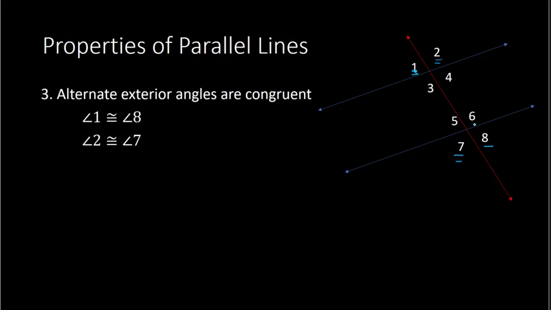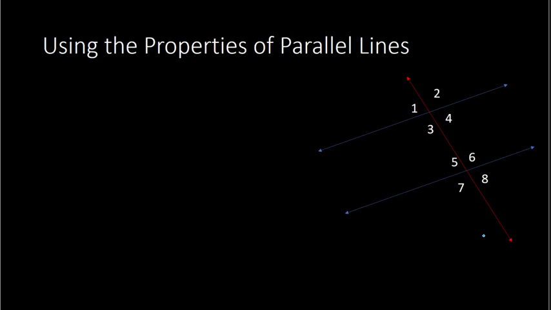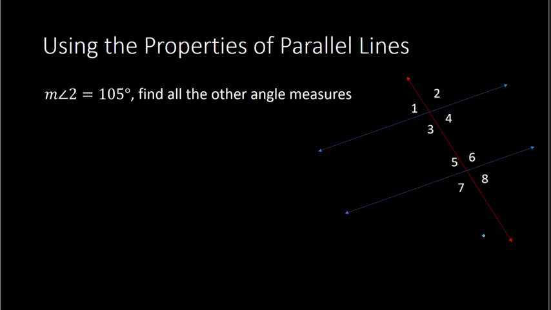Now with this information, I can use these 3 different properties to determine the missing angle measure. So for example, if we are told that the measure of angle 2 is 105 degrees, we could find all the other angles based off this information.